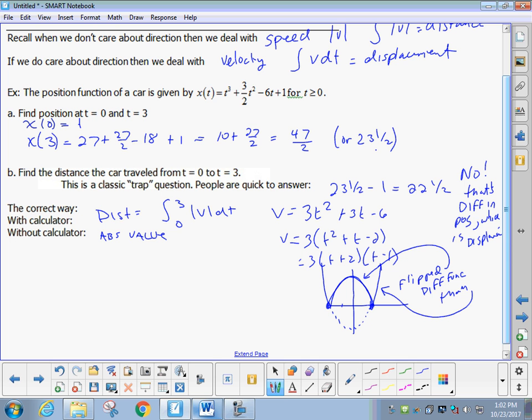Two. So I will say something like the distance is the opposite of velocity from, remember it's time 0 to 3. So from time 0 to 1, I'm going to take the opposite of velocity. And from time 1 to 3, I'm going to take the straight up normal velocity.